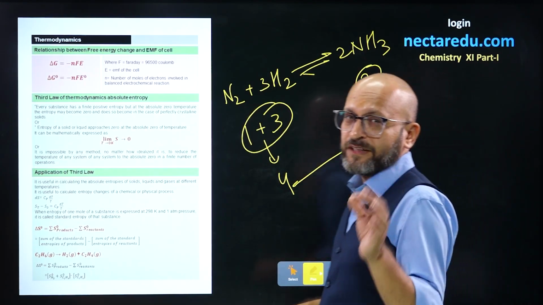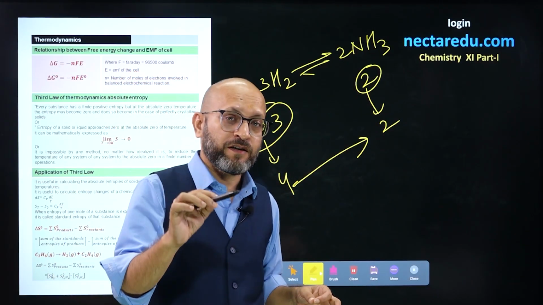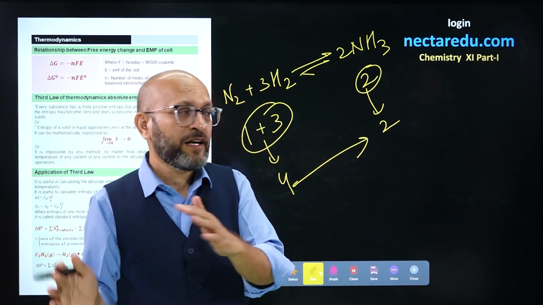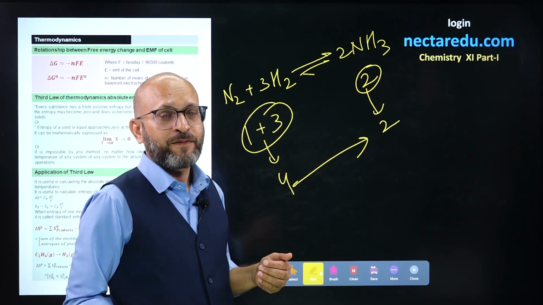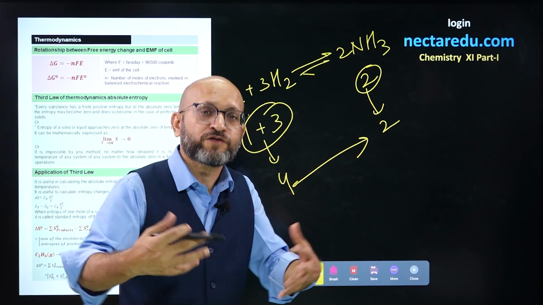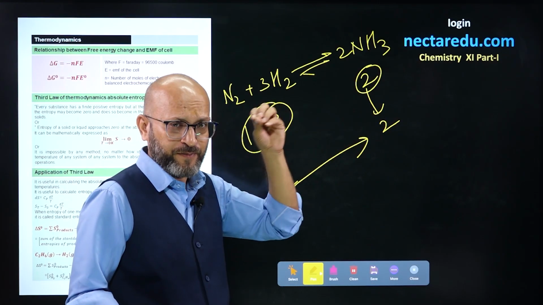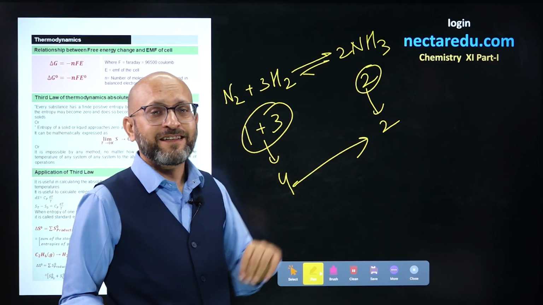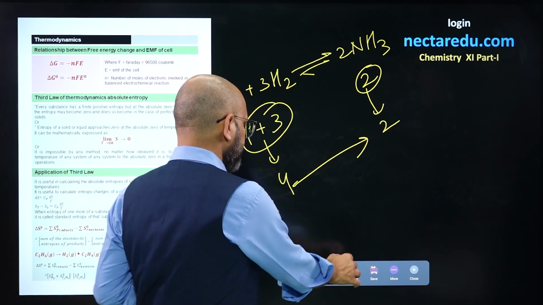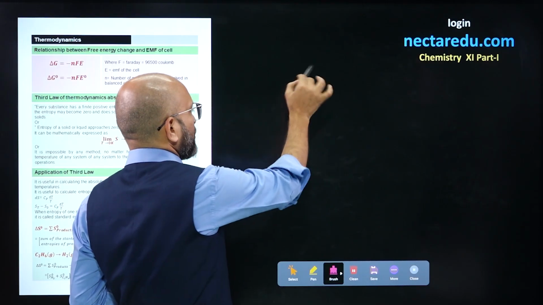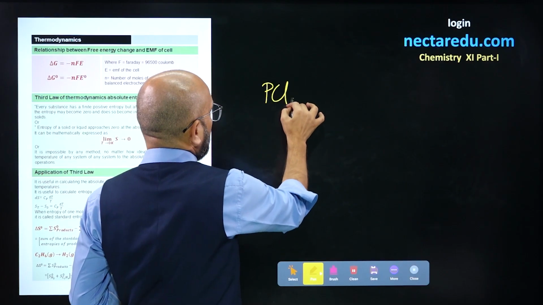That means the number of gaseous molecules is decreasing. More the gaseous molecules, more will be the entropy. So entropy is decreasing in this reaction. Right? Simple trick.